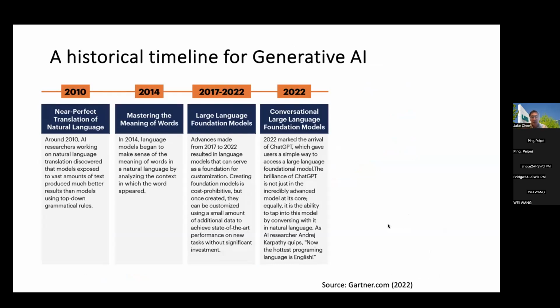According to Gartner, which is a business intelligence company that provides comprehensive reports for the business commercialization community to act on, generative AI really started about 2010 in the near perfect translation of natural language.